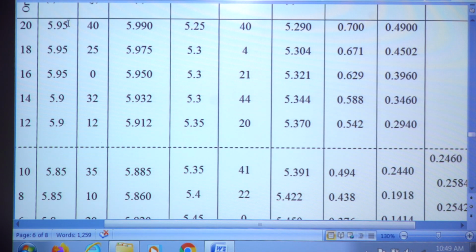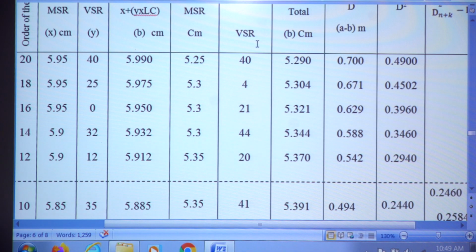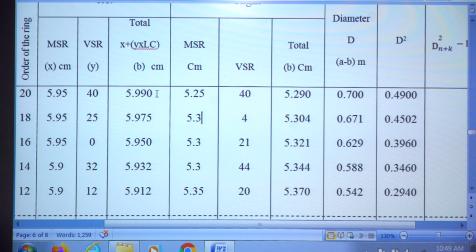So we started from the 20th ring on the left side and completed the reading at the 20th ring of the right side. This reading total is A on the left side and the total is B on the right side. So we are calculating the difference, 5.990 minus 5.290, that is A minus B, that is 0.7. So this 0.7 centimeter is the diameter of the 20th ring.